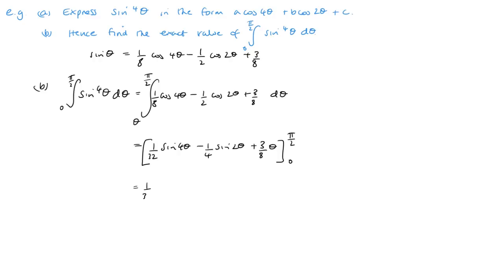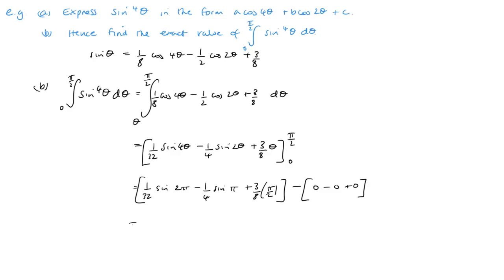So we get 1 over 32 sine of 2 pi minus 1 over 4 sine of pi plus 3 over 8 times pi by 2, minus, and then sine of 0 is 0, so this is going to be 0 minus 0 plus 0.